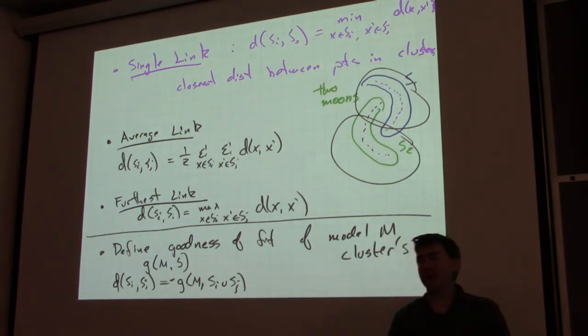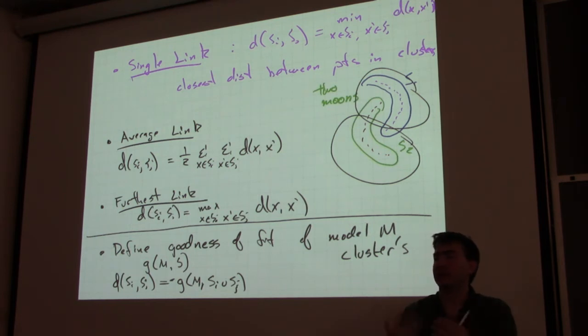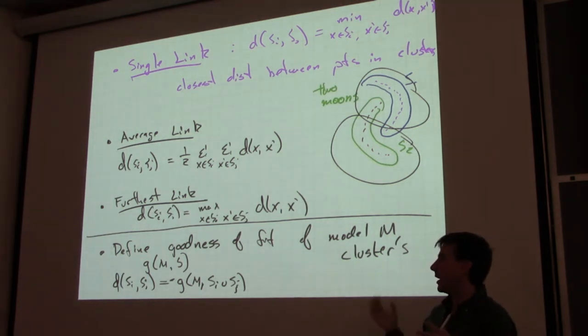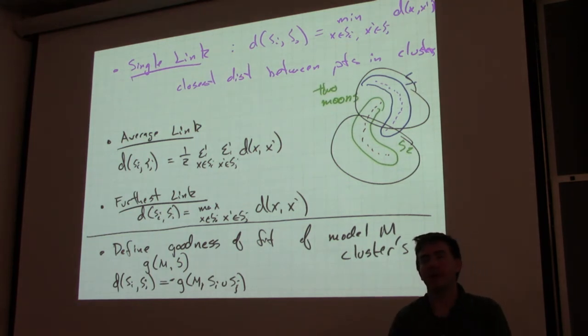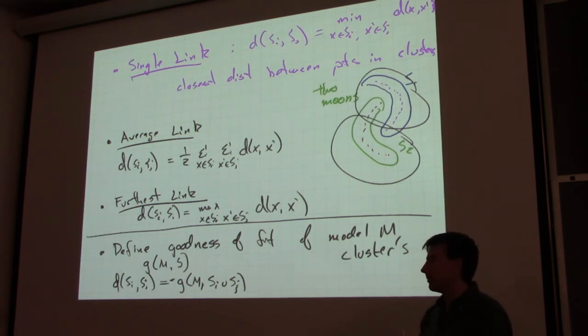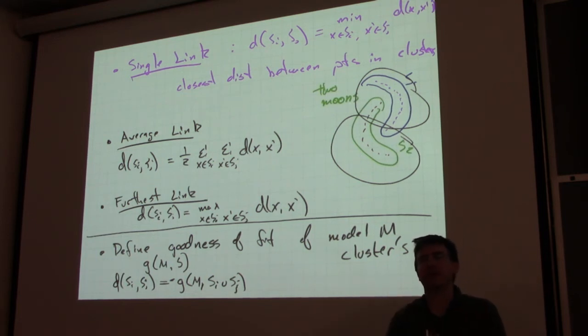And so this may end up having nothing to do with some inherent geometry of the data. It may be like I have customer data and I want to predict whether they're going to buy some product, right? And if for all the customers in some subset of the data I can fit a model that does really well at prediction, it has good generalization error, then yeah, let me merge them together into a single model.